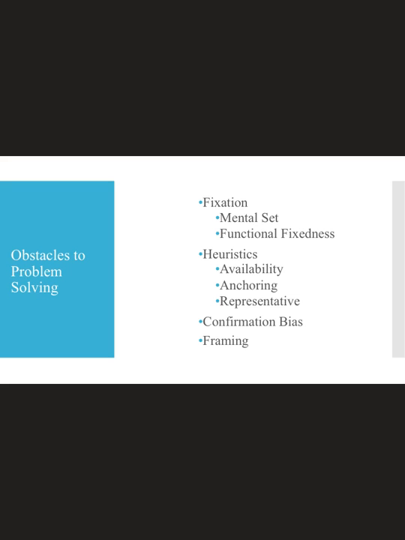But oftentimes we don't always come up with the correct answer, even though we're doing what we can to problem solve to the best of our ability. So with that, we are going to look at some reasons in which our problem solving might fail. And those are going to be looking at fixation, heuristics, confirmation bias, and framing. So those are kind of the big ideas that we are going to be covering today.